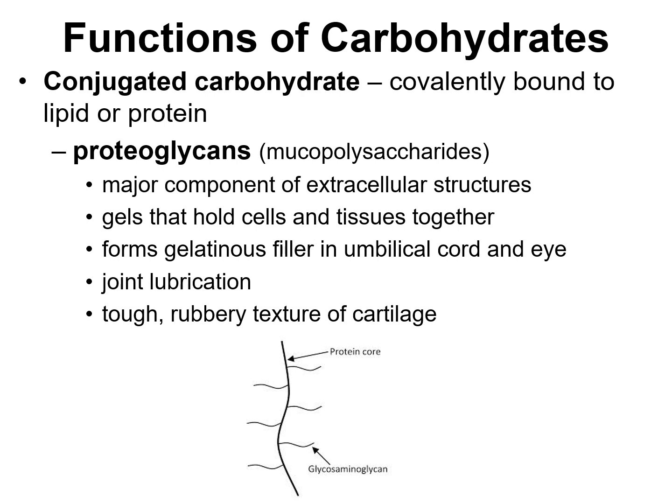Those are structures that are outside the cells, between the cells. They tend to be gelatinous materials which hold cells and tissues together. Sometimes they form gelatinous fillers in, say, the umbilical cord or the humors of the eye. They're often found in joints to provide lubrication as well, or are responsible for some of the properties of cartilage.